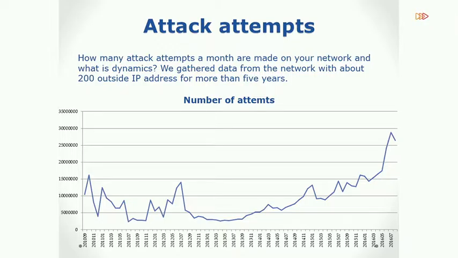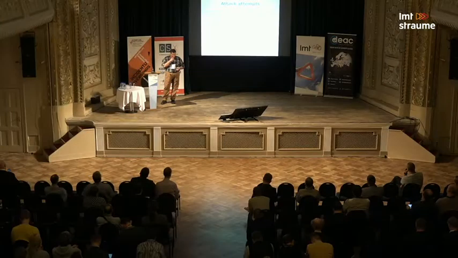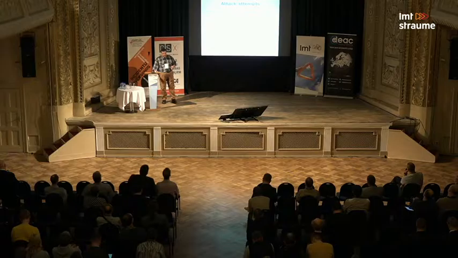And as you can see, if you draw this long-term line, it's obvious that the trend is increasing. The number of guys trying to find the right port increases. So this is also quite interesting, at least for me.